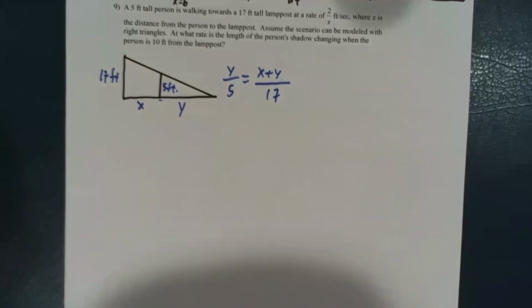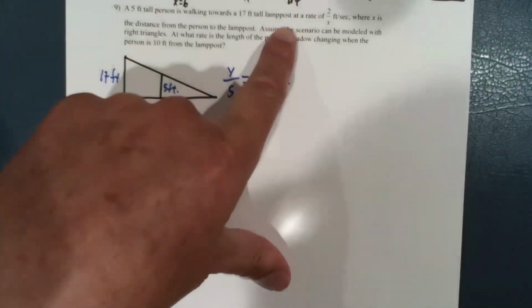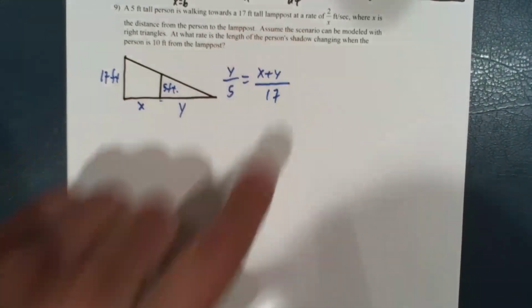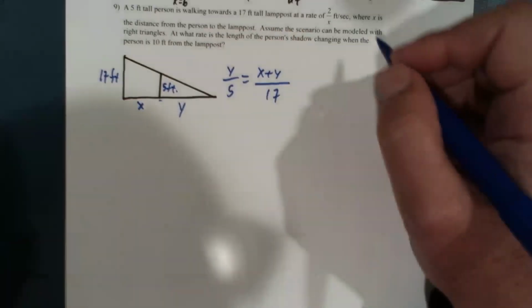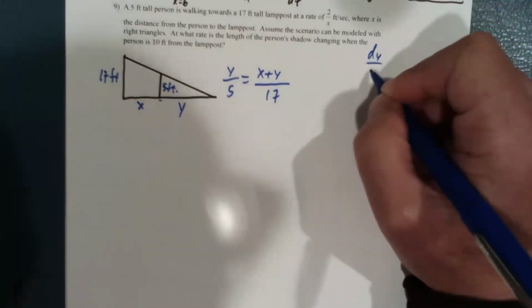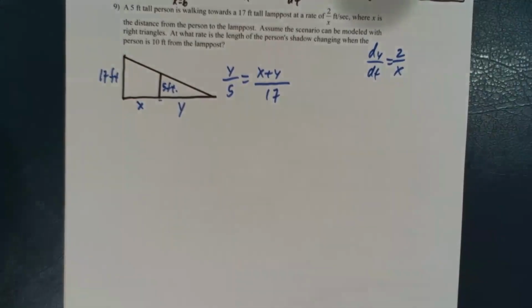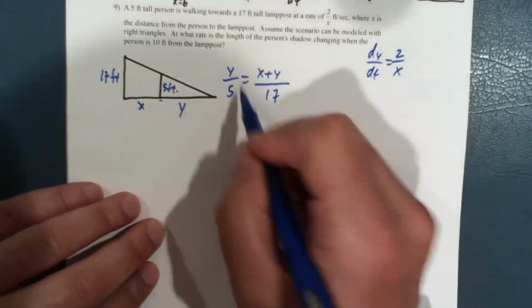Now they tell us the person is walking towards this at a rate of here. So this is dy dt that they give us. So dy dt is 2 over x. Which means I need to solve for x here.